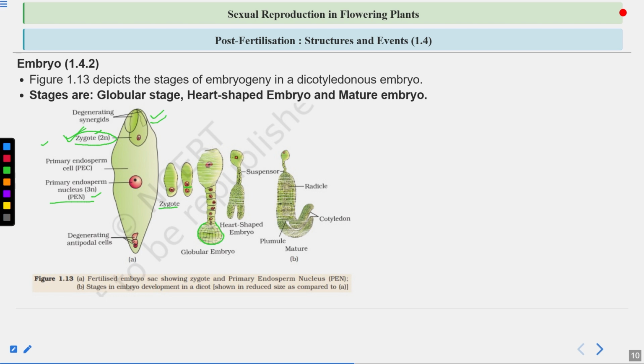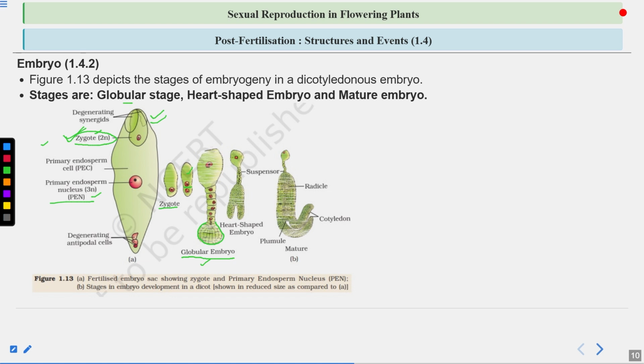This is the neck, and this is one of the cells which does not divide, but the lower cell divides and redivides, and you can see it will form a globular embryo. First stage, globular stage or globular embryo. So the first stage of the embryo formation is called the globular stage.